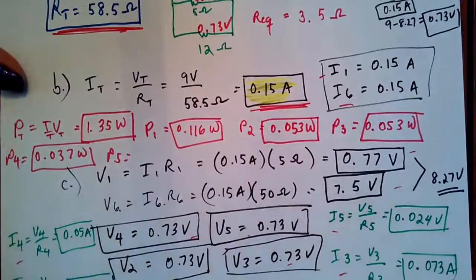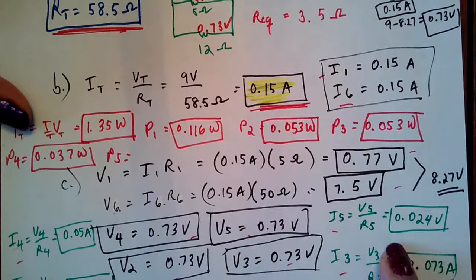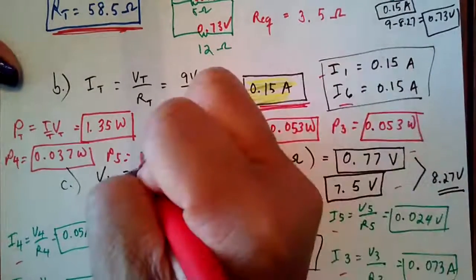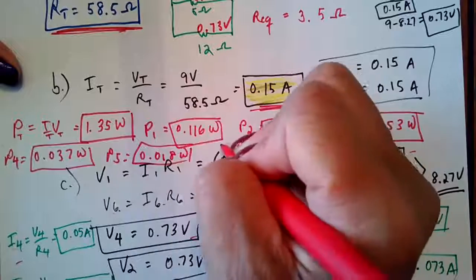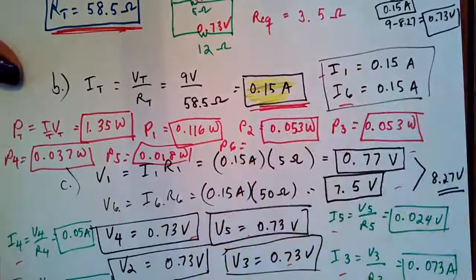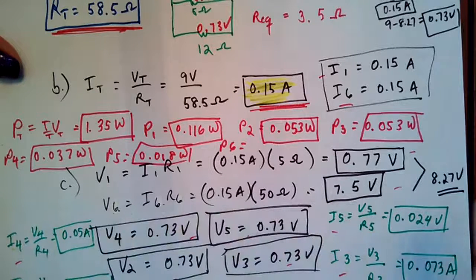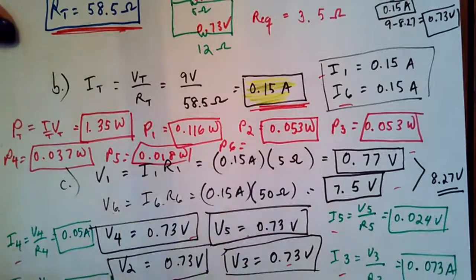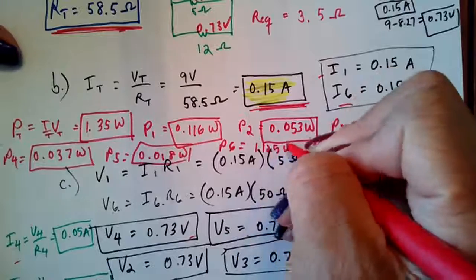P5 is equal to 0.024 of I5 times 0.73, which is 0.018 watts. And lastly, P6 is equal to I6, which is 0.15 times V6 of 7.5, and you get 1.125 watts.